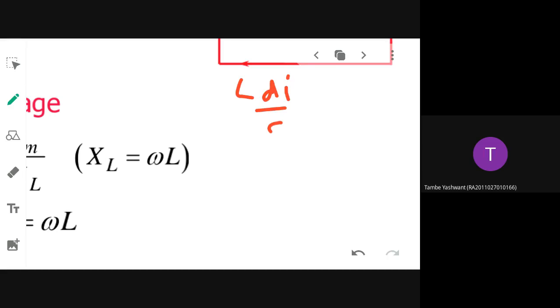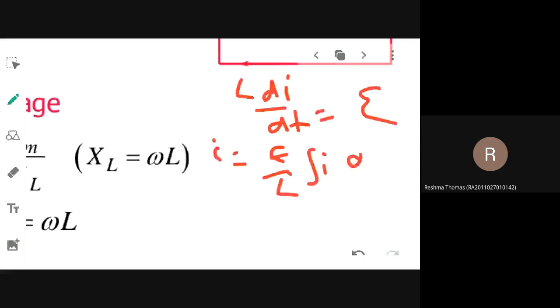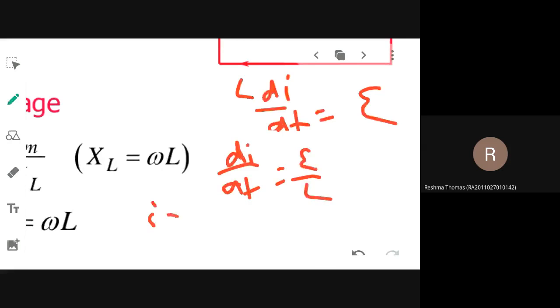L into di by dt is equal to E, or V. I want I, so I am deriving I. So di by dt is equal to E divided by L. So I is equal to 1 by L into the integral of E dt.